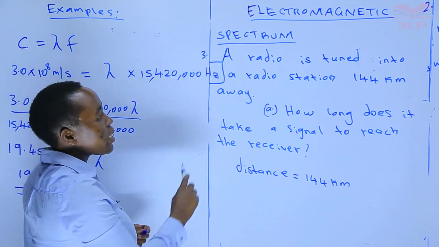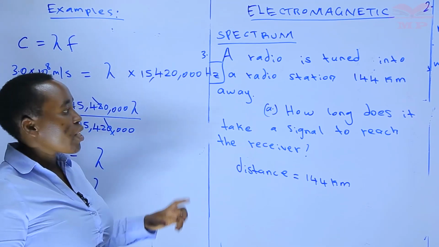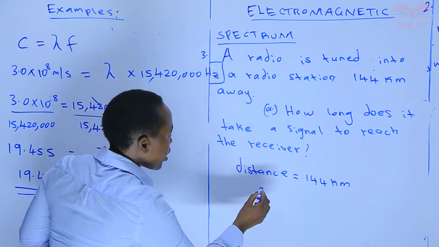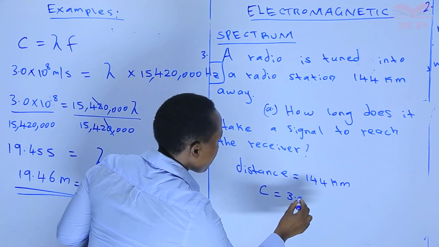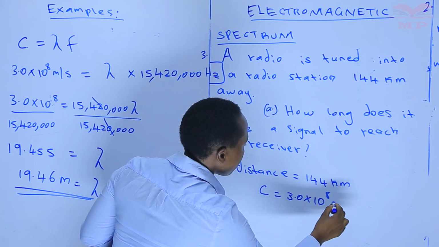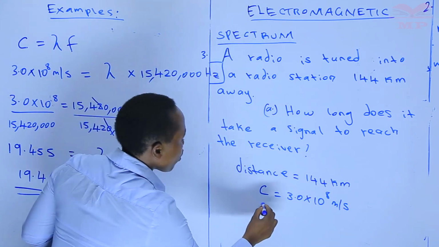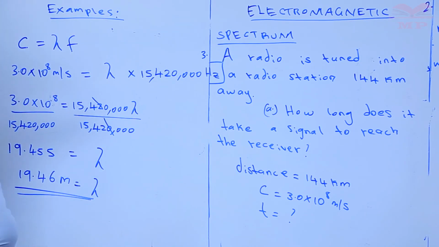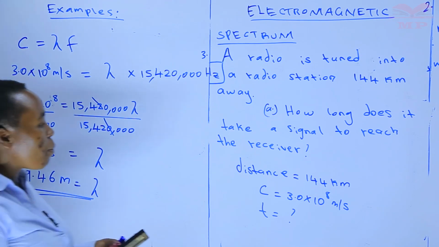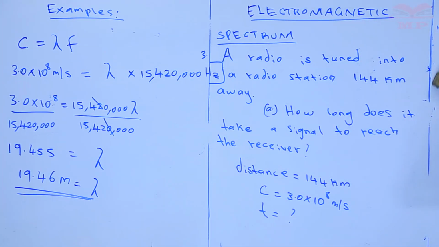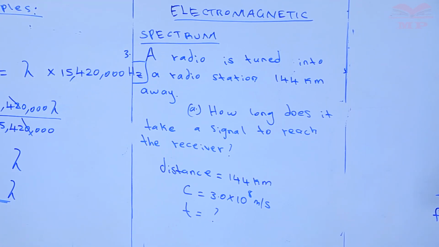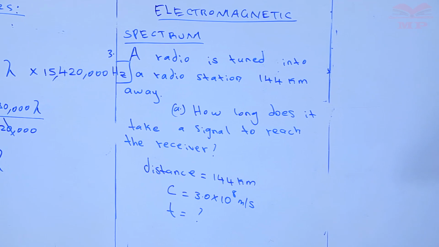And we know that since this is a radio wave, the speed of that radio wave will be the speed of light, which is 3.0 times 10 power 8 meters per second. So we want to know what's the time taken. From the knowledge in mathematics and also in physics, we know that speed is distance over time.